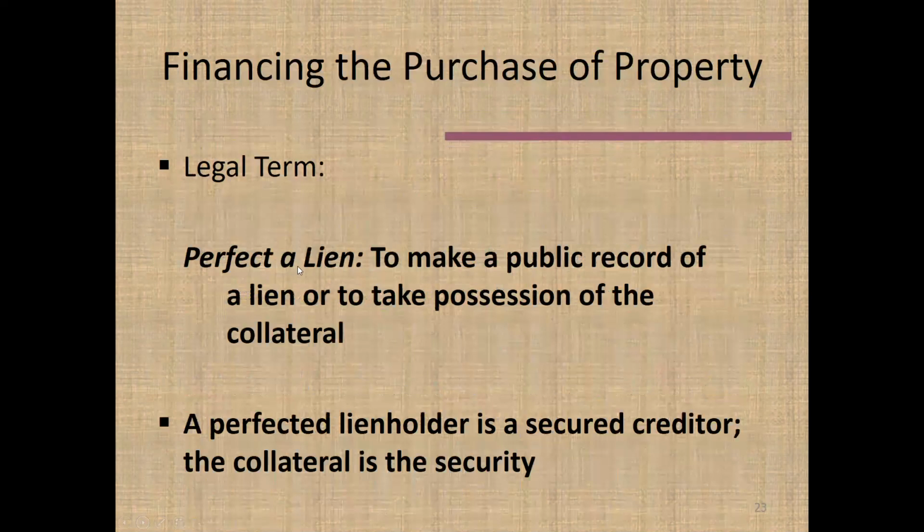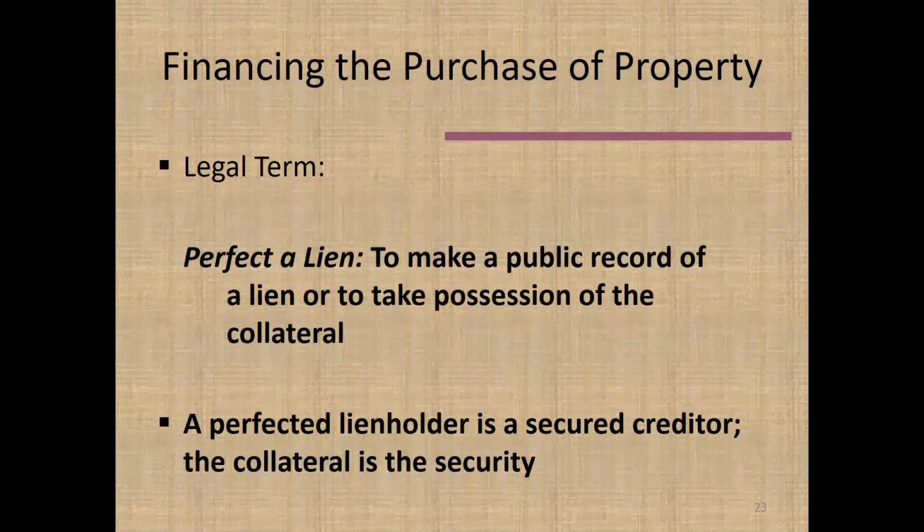To perfect a lien. In this situation, we're using perfect as a verb. So we're not saying it's perfect. When we use the term perfect, we don't mean make something perfect in the sense of without any flaws, but we mean make it whole, make it without any errors, or make it complete.